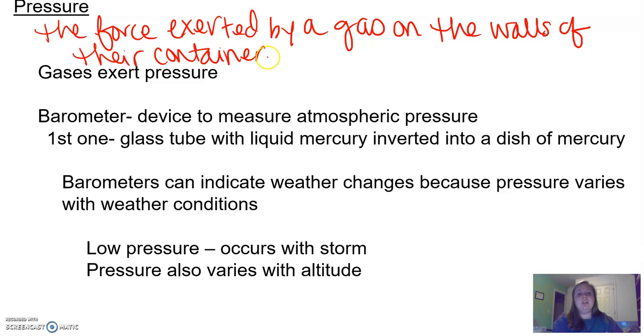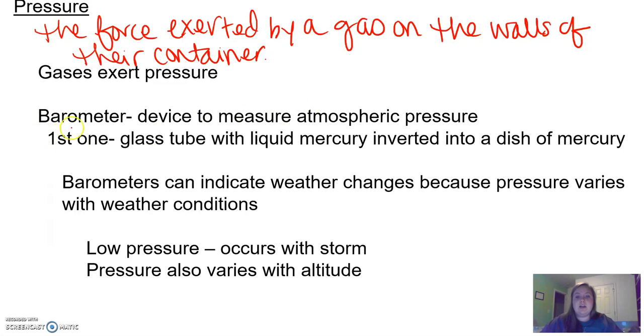Now, it doesn't have to be gases, but when we think about pressure, we usually associate it with gases, and that's what we'll be doing in this unit. So if it exerts more force or more frequent force, then it's going to have a greater pressure, and less force means a lower pressure.